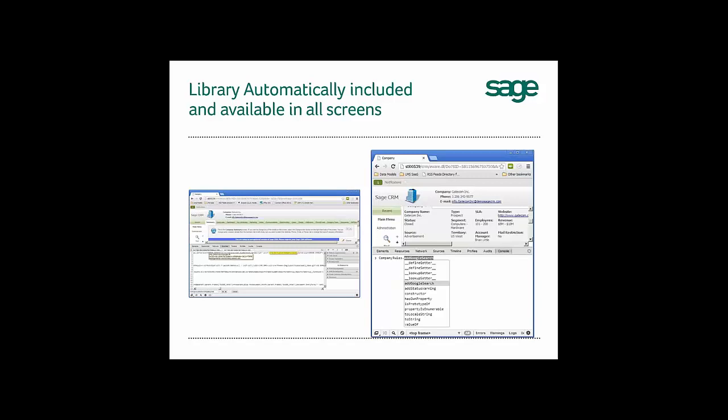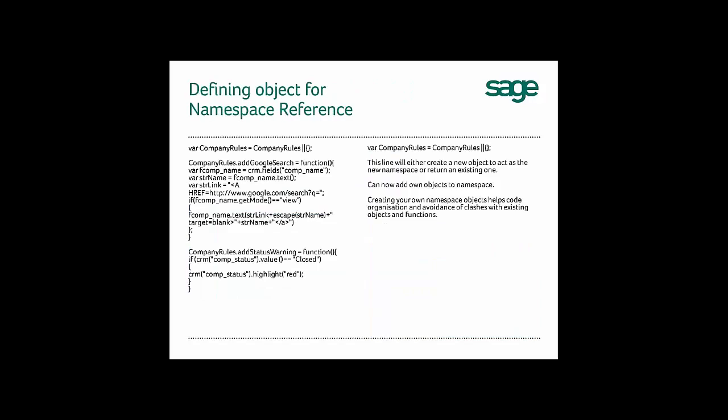So if we've got a charting function that we use, or we're transforming fields in a particular way and we want to be able to transform multiple fields, we can write a standard function that will do that. And we've talked then about the idea of the namespace reference. Very useful concept.